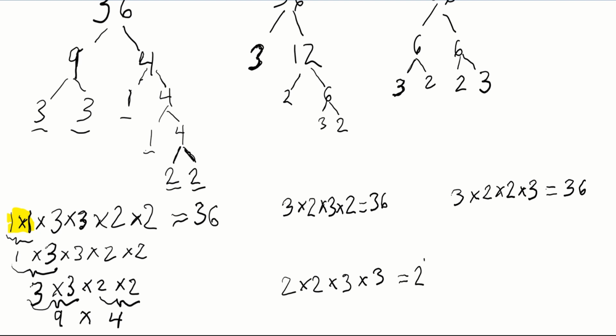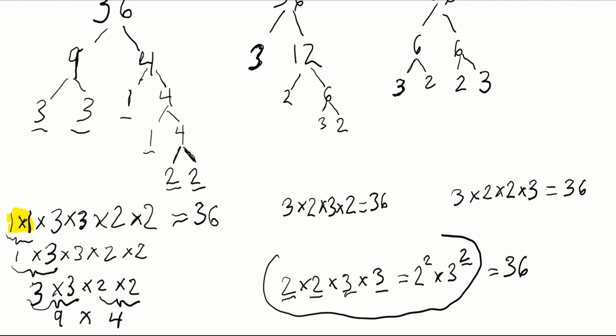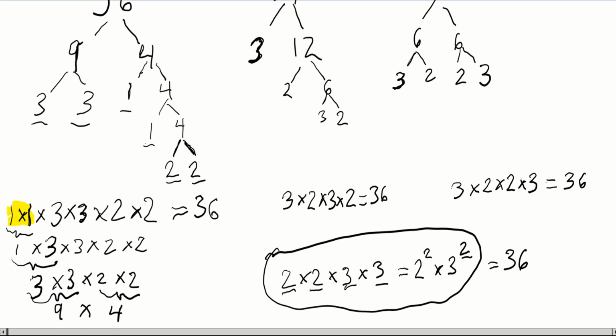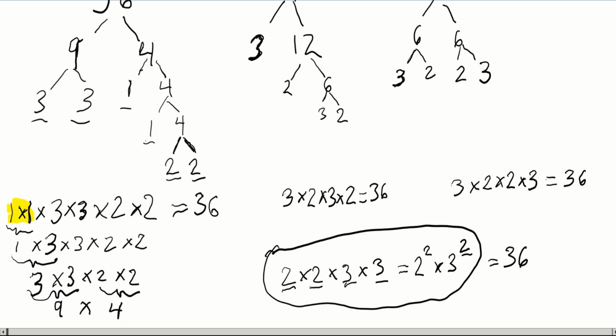So we have 2 squared, because we have 2 2's, multiplied by 3 squared, again because we have 2 3's, which again will equal 36. This is called the prime factorization, where you write a number as multiplication of only prime numbers.